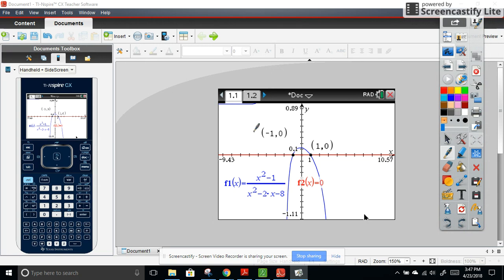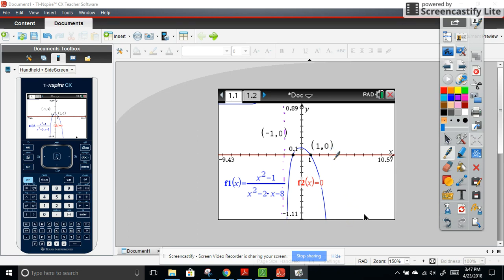All right, so what you need to remember, though, is that you may not be able to see it. Let me pick purple. Right here at -2, we have a vertical asymptote.